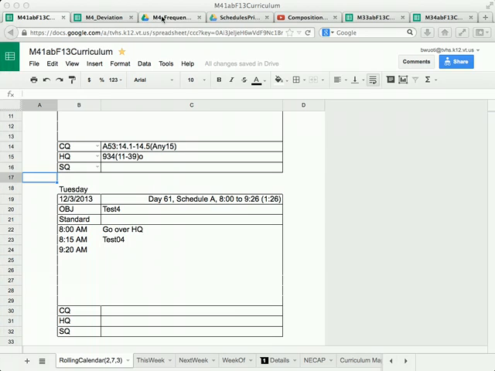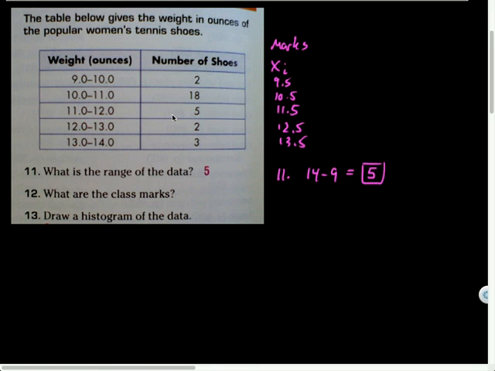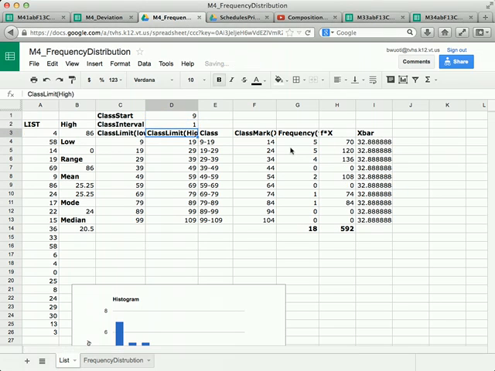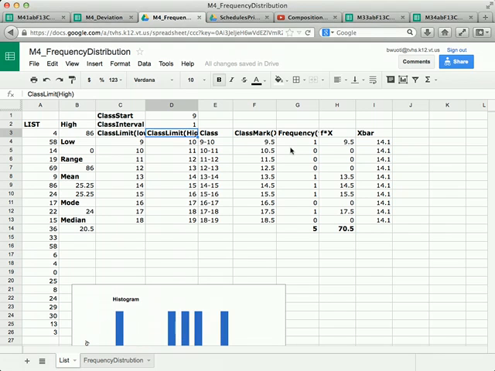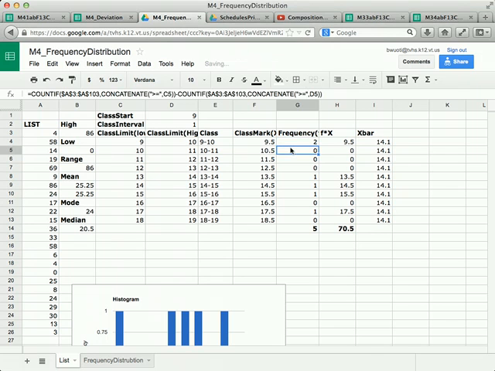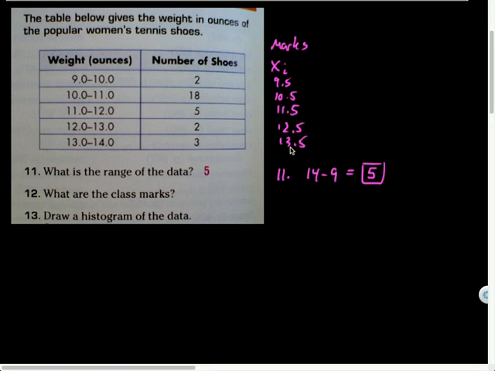Let's see if I can quickly throw one together here. So let's see, started at 9, and the class intervals were 1, weren't they? Yeah, so this is relatively small. And I'm just going to override this. So we had 2, 18, 5, 2, 18, 5, and then 2, 3.